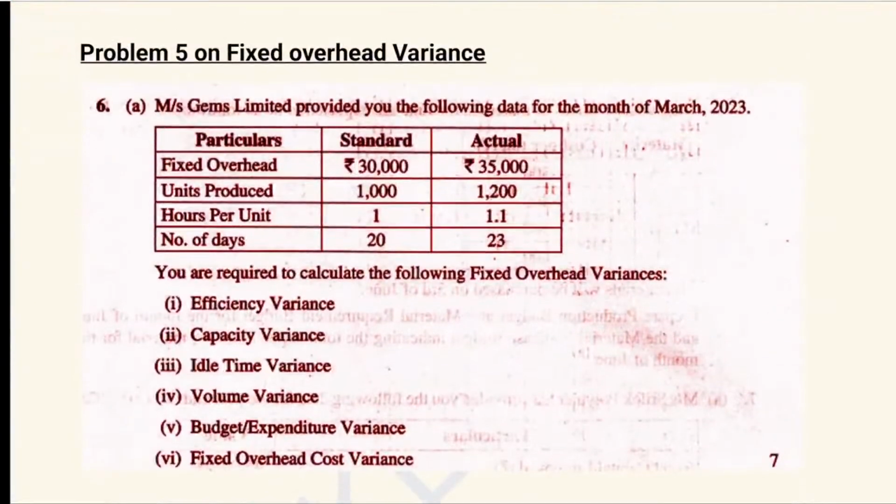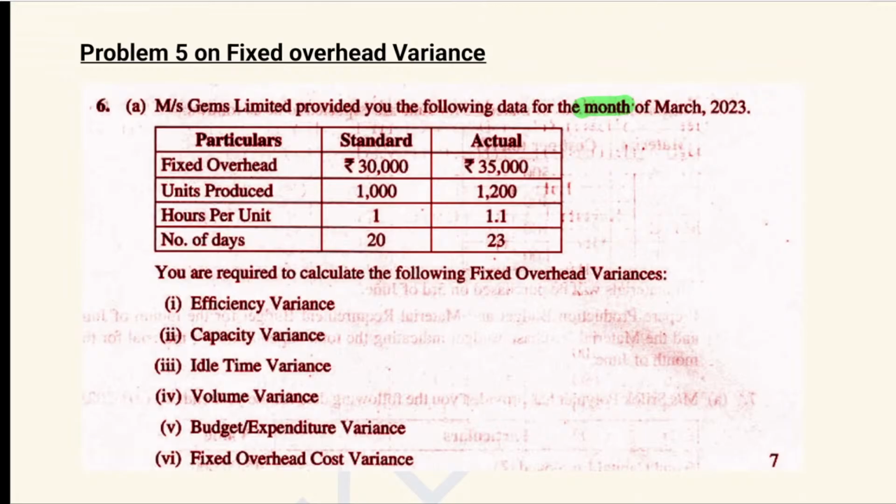Next question. GEMS Limited provided you the following data for the month of March 2023. So the data is for a month. Fixed overhead, units produced, hours per unit, number of days.